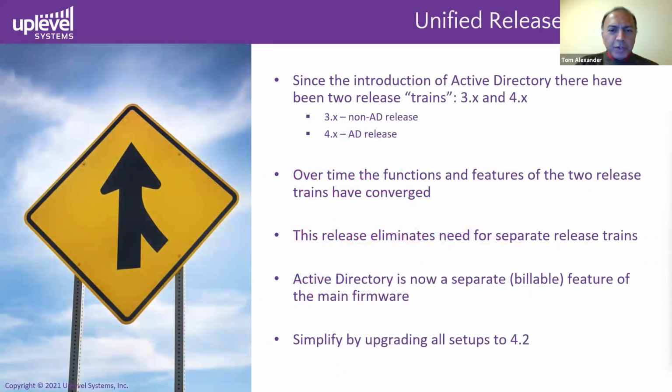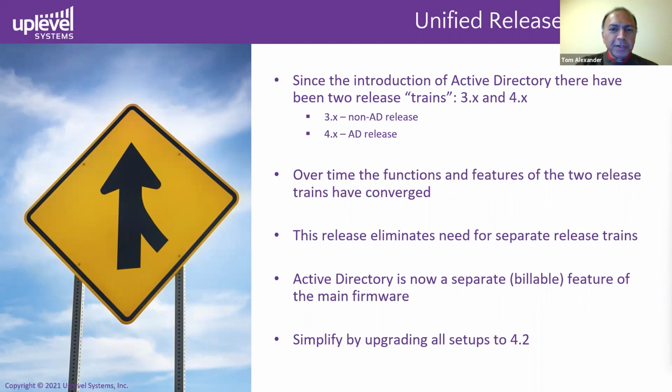Before I dive into what's actually in the release, I'd like to point out that this one is what we refer to as a unified release. As you all know, since we introduced Active Directory, we divided up the firmware into the 3.x train of firmware releases and the 4.x.